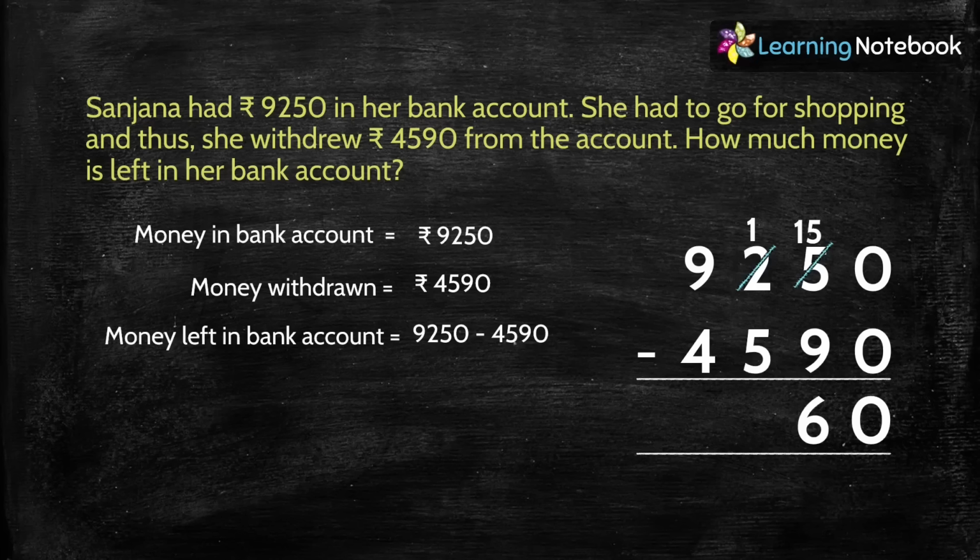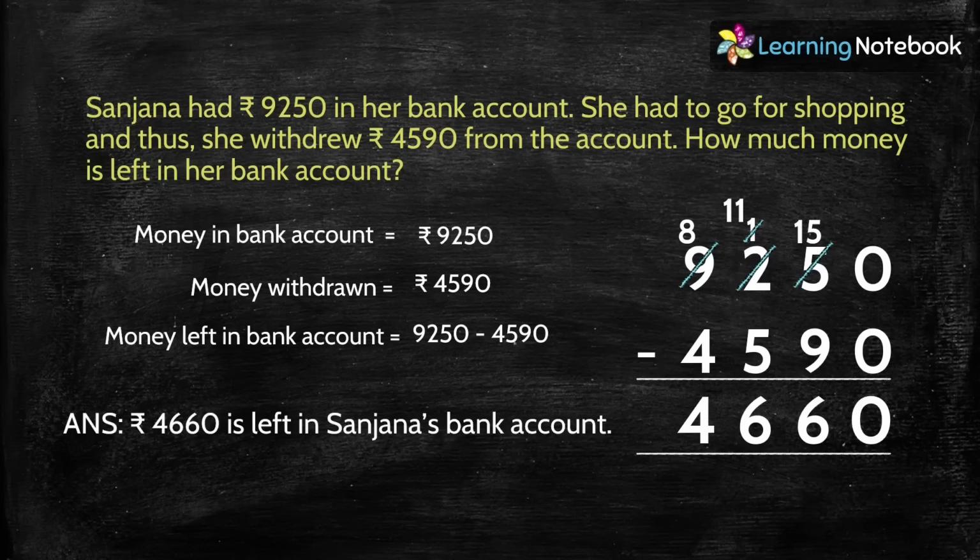Let's move to hundreds place, but 1 is smaller than 5. So 1 borrows from thousands place. Therefore 9 becomes 8 and 1 becomes 11. 11 minus 5 equals 6. And then 8 minus 4 equals 4. So the answer is 4660.